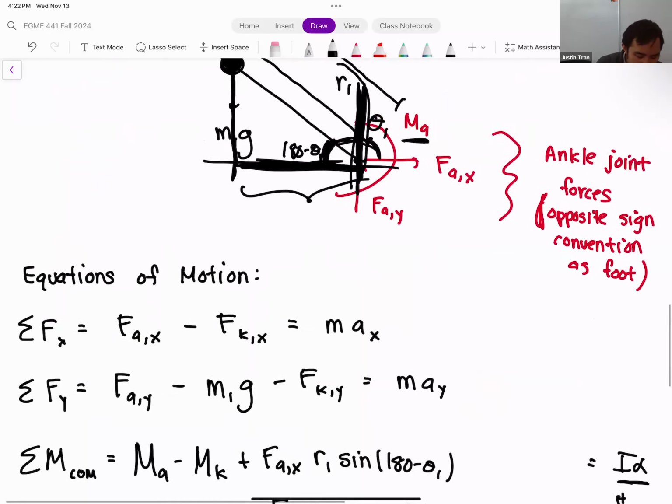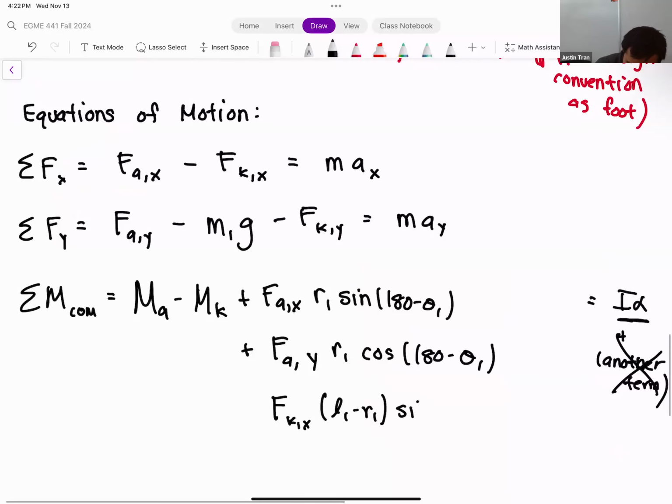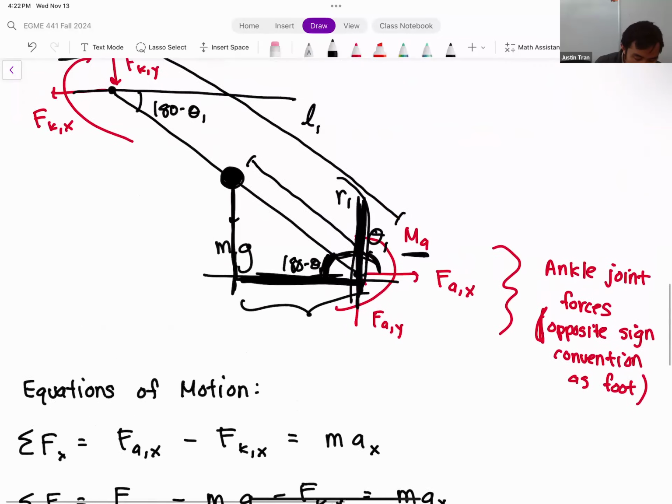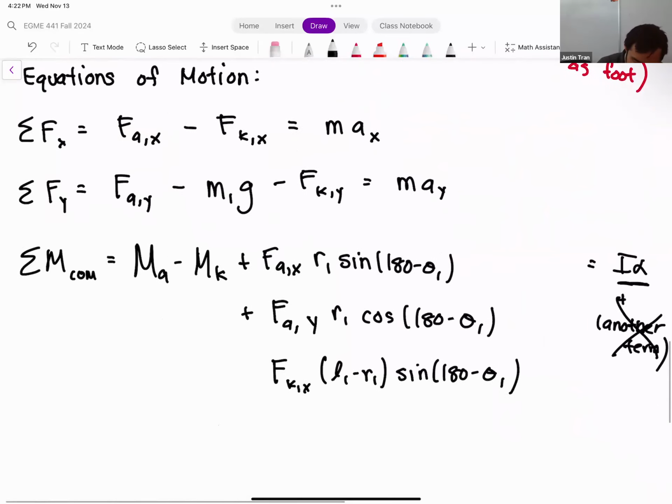Okay. And then using trigonometry to get the vertical distance, that is multiplied by sine of 180 minus theta 1. Okay. And then once again, we're going to look at the sign here. And so if we trace out this FKX around the center of mass, we can see that it's going in the counterclockwise direction. So that's going to be a positive.